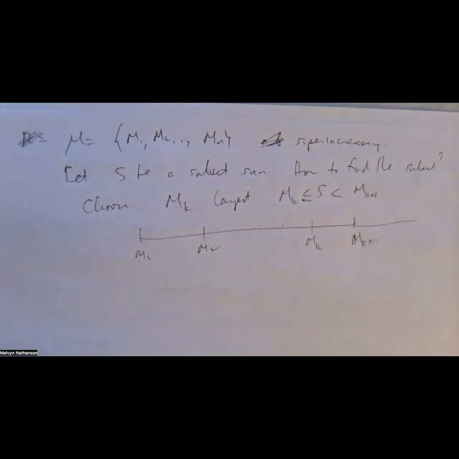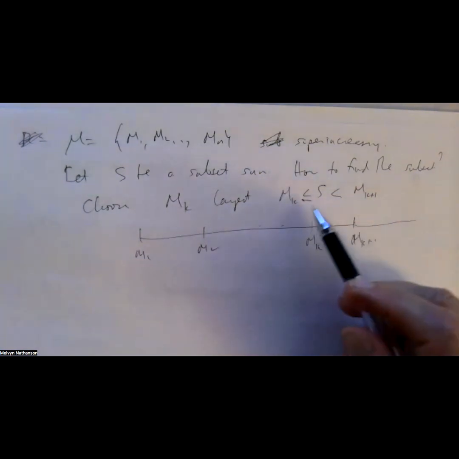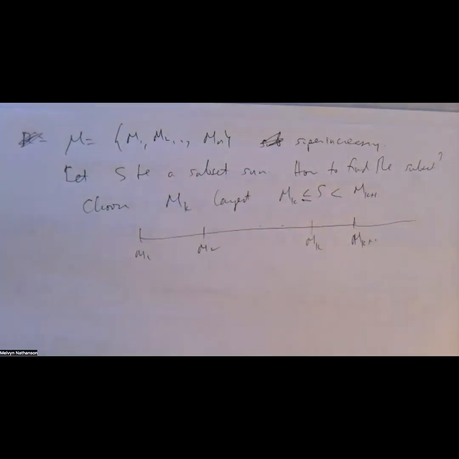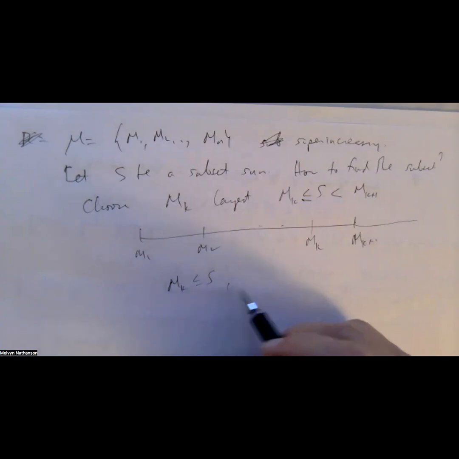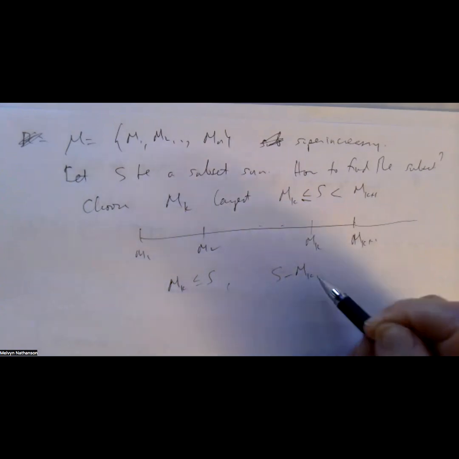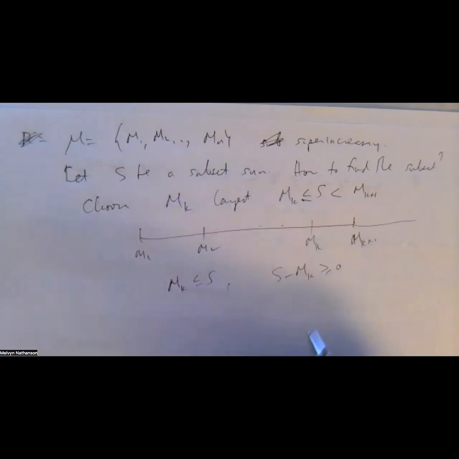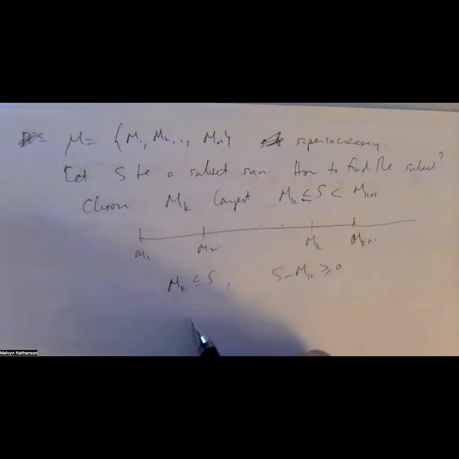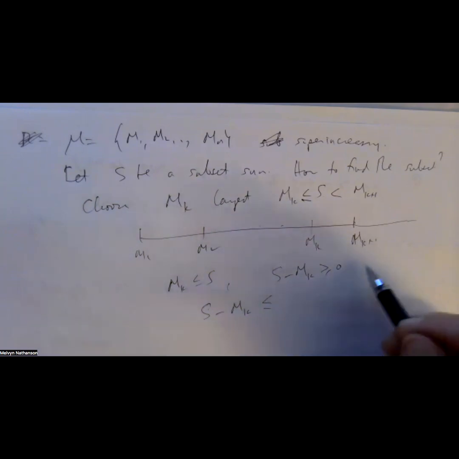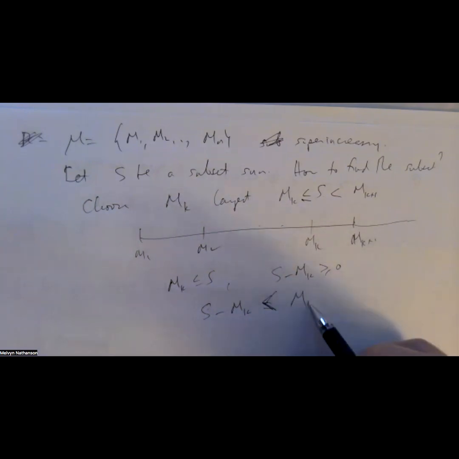Choose the largest term less than or equal to S. So M sub k is less than or equal to S, and S minus M sub k is greater than or equal to 0. I claim that S minus M sub k is less than M sub k plus 1 minus M sub k.